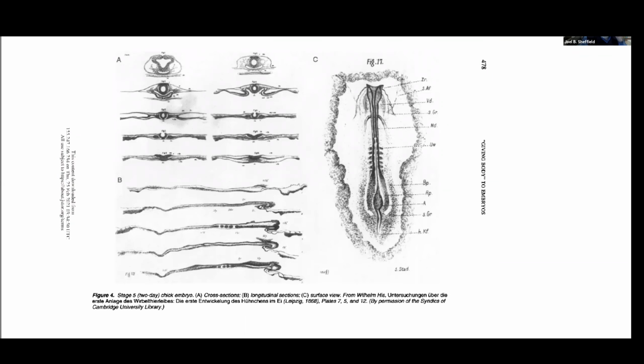And so here's an example of what he did, starting with slices of an early embryo. So this, I think you may remember, we had a picture like this last lecture of the very early chick embryo. That's an example of that. And what he did was he took a series of sections through this thing. Remember, we said you're able to cut, because of whatever microtome he was using, a series of sections.